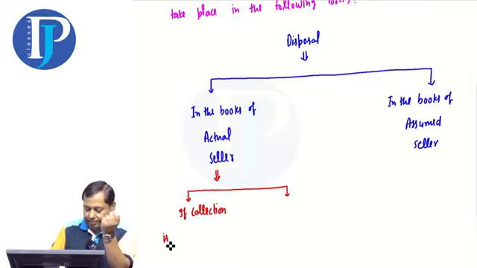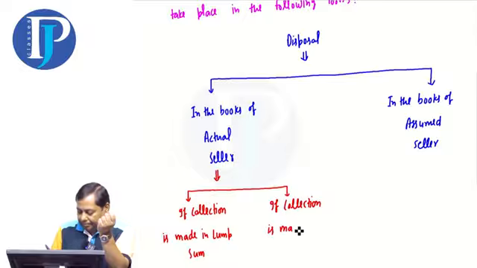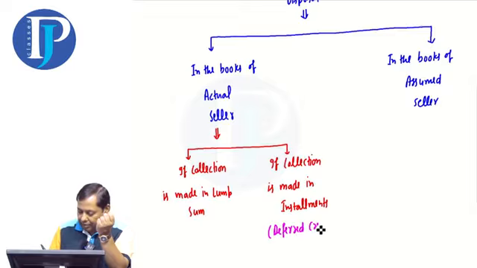If the collection is made in lump sum, if collection is made in installments, we call it deferred credit sales.